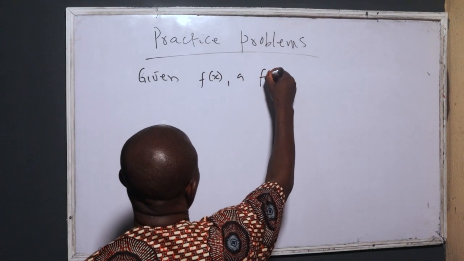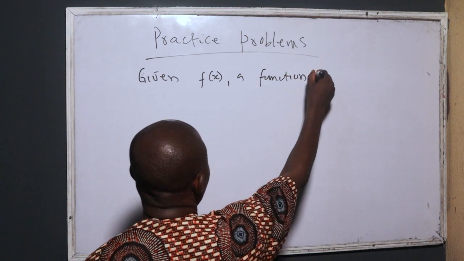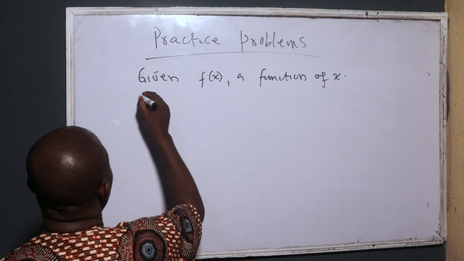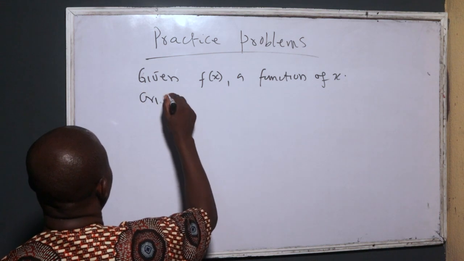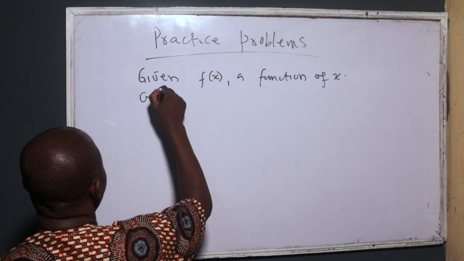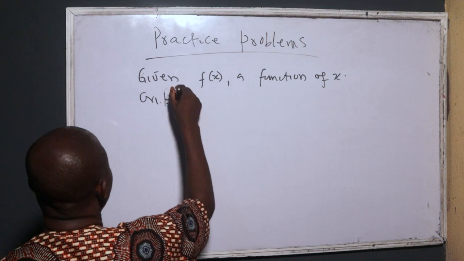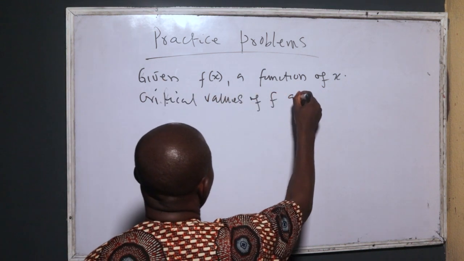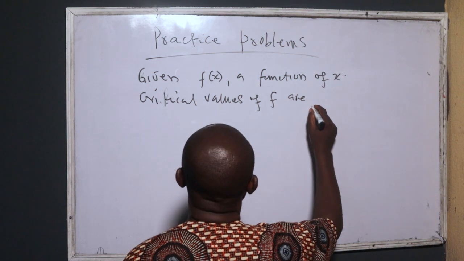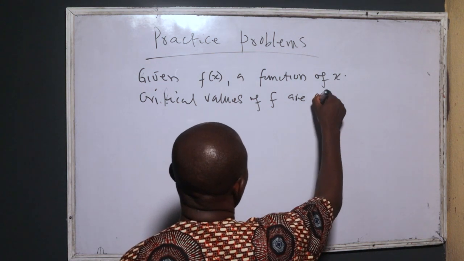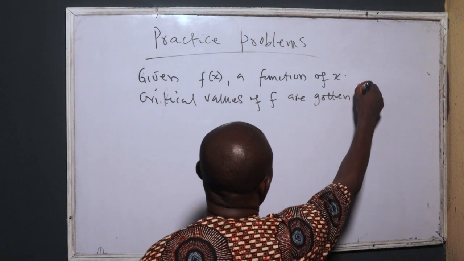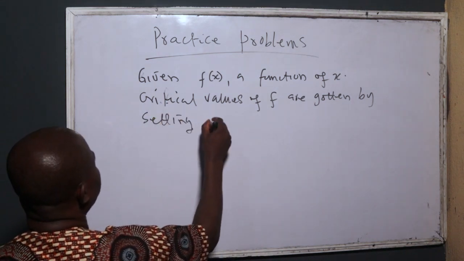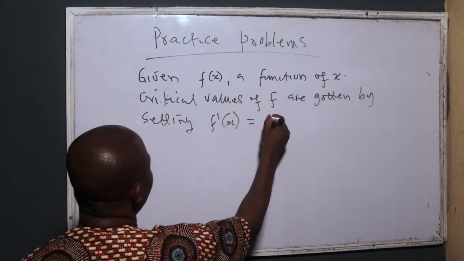Function of x, critical values of f are gotten by setting f prime at x equals 0.